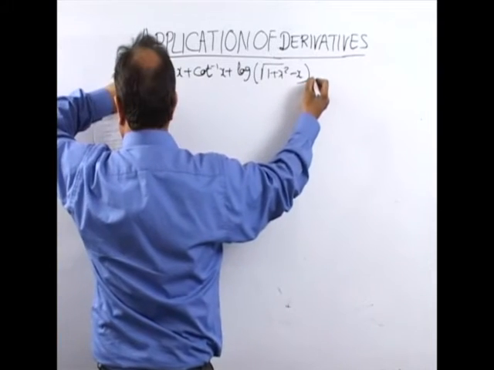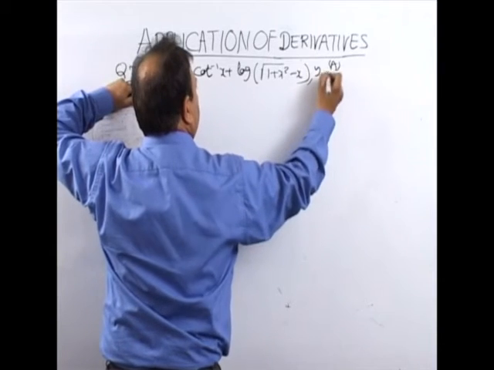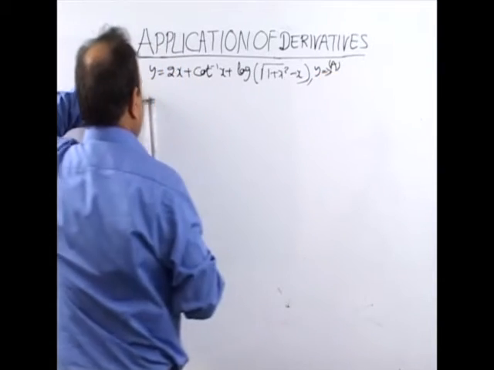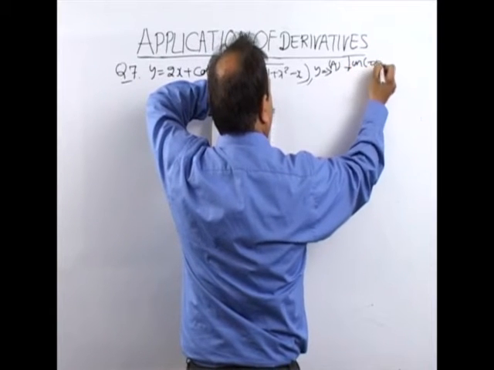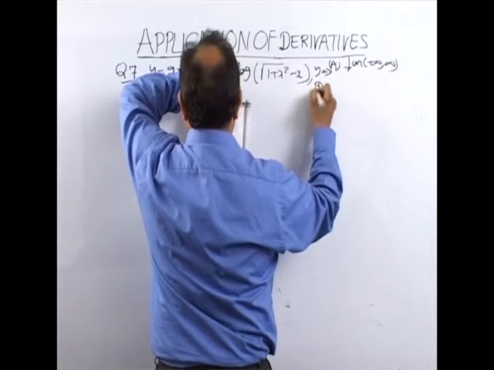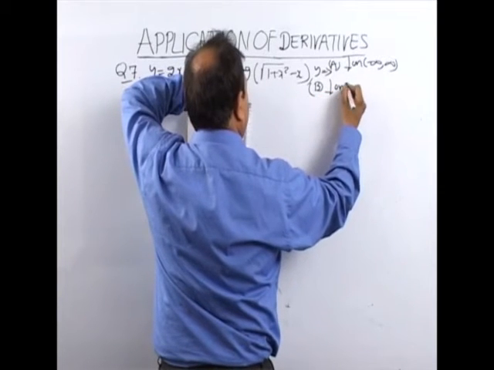Then dy by dx is equal to... The options we have been given: A, decreases on minus infinity to infinity. B, decreases on 0 to infinity.